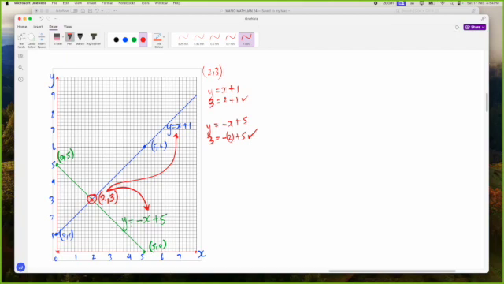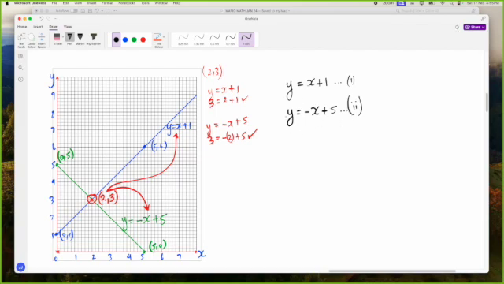So what we just did here is we had two equations. y is equal to x plus 1, this is equation 1. And the second equation, y is equal to minus x plus 5, this is equation 2.